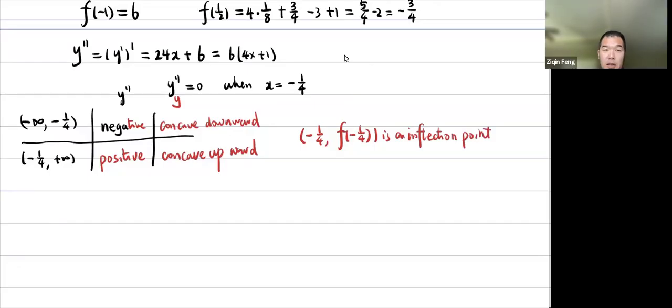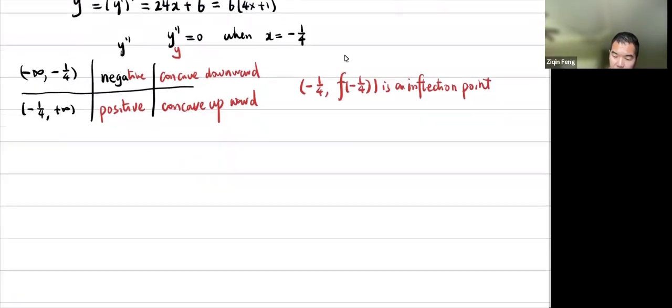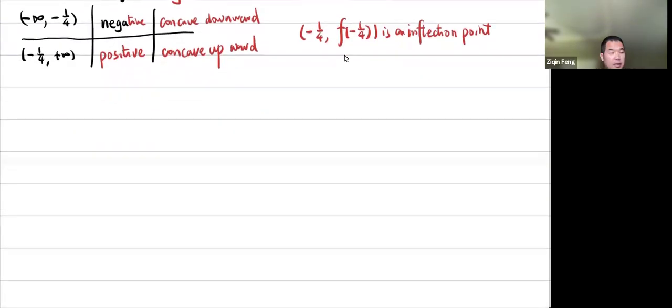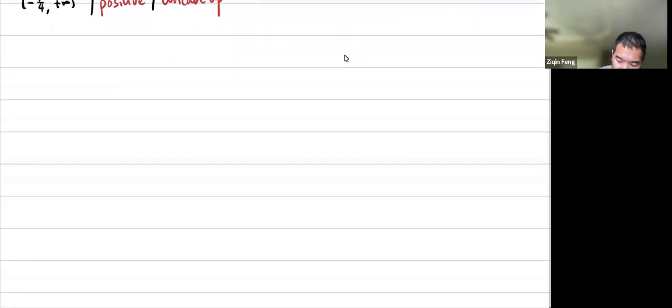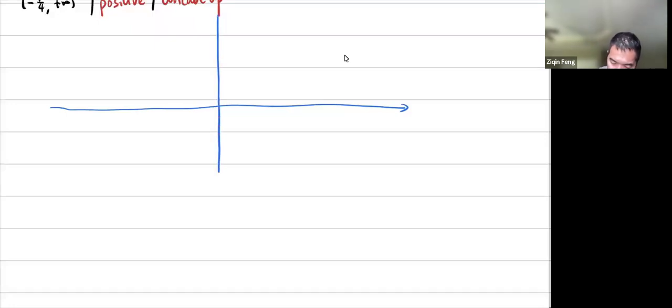Now let's try to sketch the graph of this function here, right? Three special points: local maximum, local minimum, and inflection point, right?